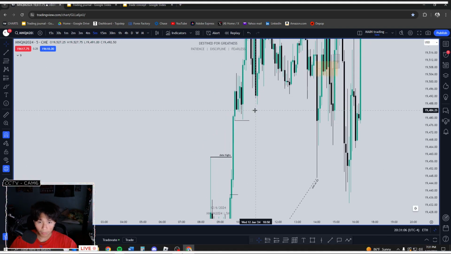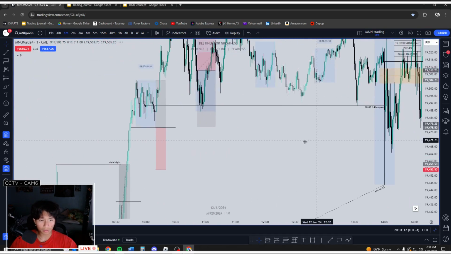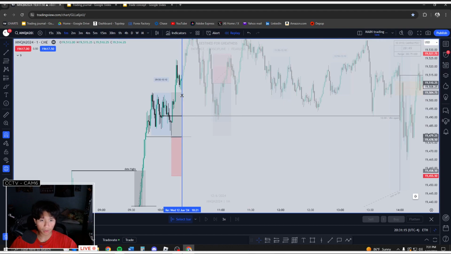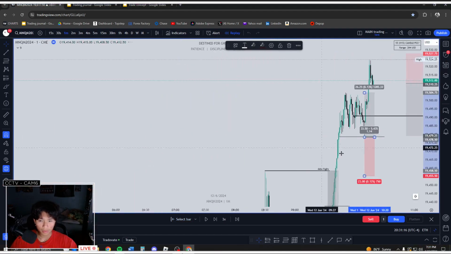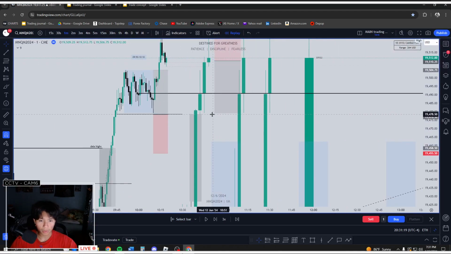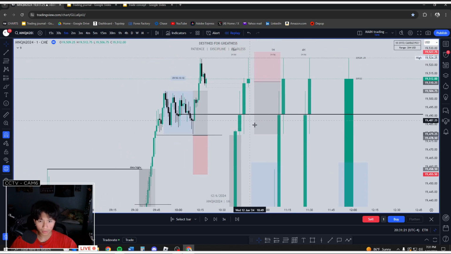I believe we did retrace back into this. I wanted this fair value gap. It was also plus a 15-minute fair value gap as well, but we didn't get it, so I didn't take the trade. My trade entry should have been at the 5-minute fair value gap.